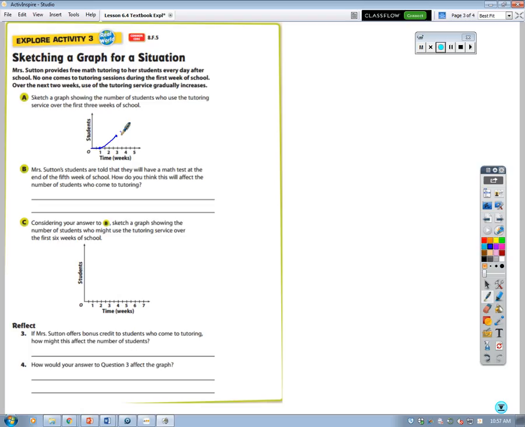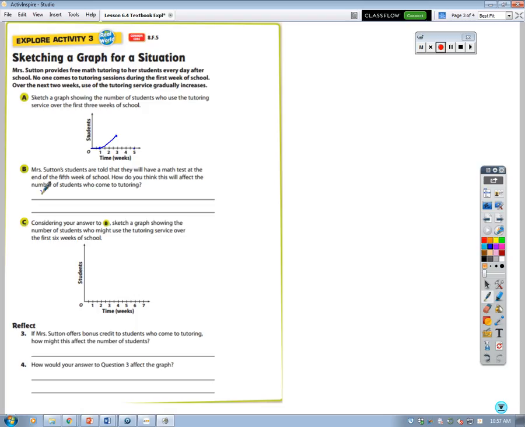Miss Sutton's students are told that they will have a math test at the end of the 5th week of school. So here is week 5. How do you think this will affect the number of students who come to tutoring? Well, maybe nobody comes. Maybe many students come. But if it's anything like when we have a deadline coming up in this class, the number of students that are turning in work or coming to get help after school does increase.